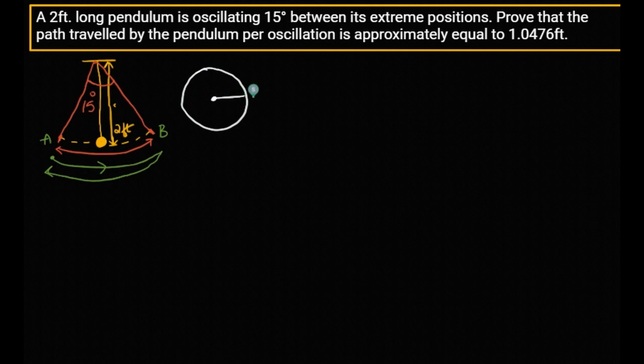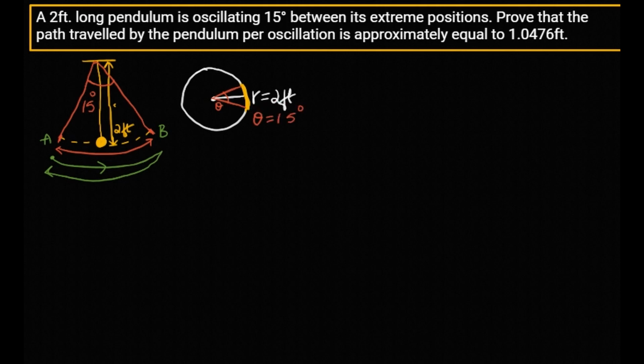That is, r is equal to 2 feet. And the pendulum is rotating between its extreme positions from here to here, and it is forming an angle theta between its extreme positions. So the value of theta is equal to 15 degrees.